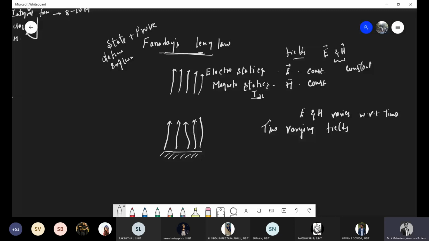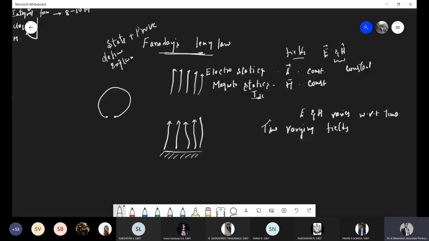And now if you have a conductor in the shape of a closed path, something like this, I've just kept this terminal open in order to measure something.